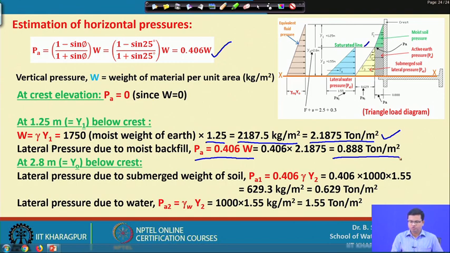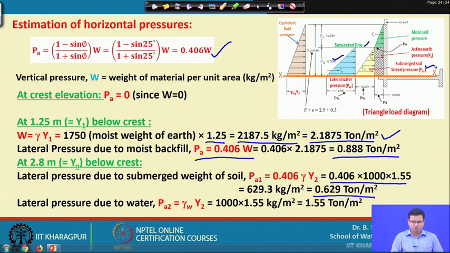So, that is equal to 0.406 into 1000, that is your submerged weight which is given in the question, and y 2 equal to 1.55 meter. So, you will get 0.629 ton per meter square. So, that is equal to P A 1 as shown here.